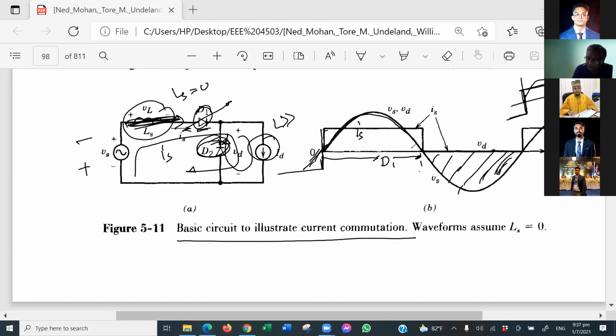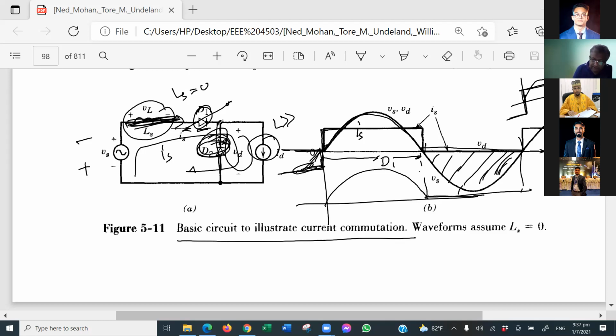The output voltage will be 0 as well, because when the diode is conducting and it is ideal, the voltage across that diode is 0. So our output voltage will have the wave shape of a half wave rectifier, no problem.